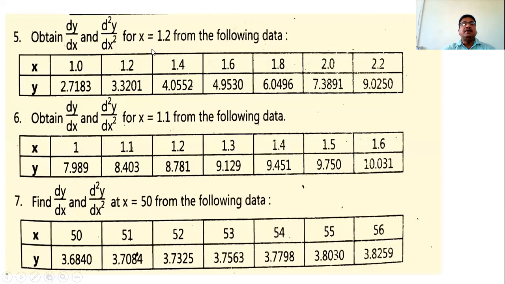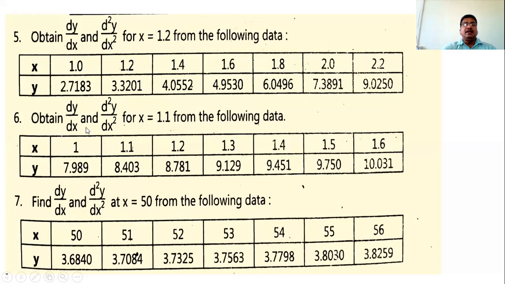Now the next, problem number 5: we have to find dy/dx and d²y/dx² at x = 1.2. 1.2 is given in the table, and it is at the beginning of the table. So first prepare the forward difference table for this problem, and then consider this 1.2 as the first point, that is x0, and find the first order derivative and second order derivative.